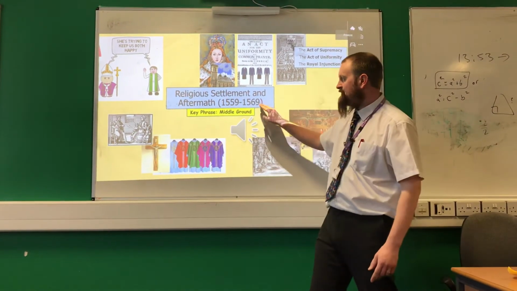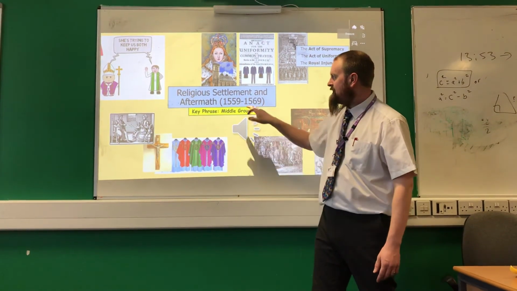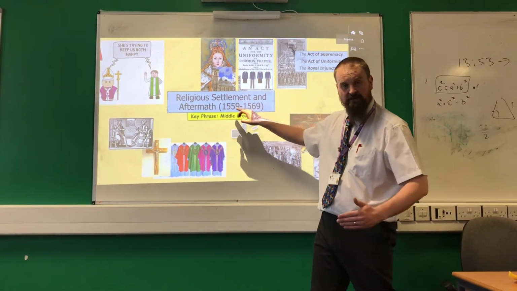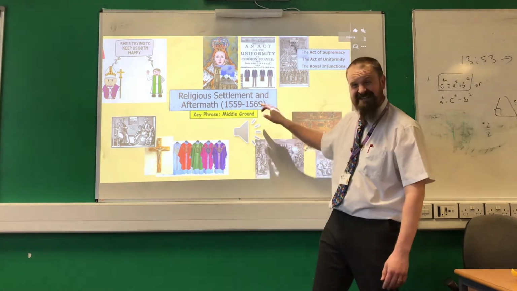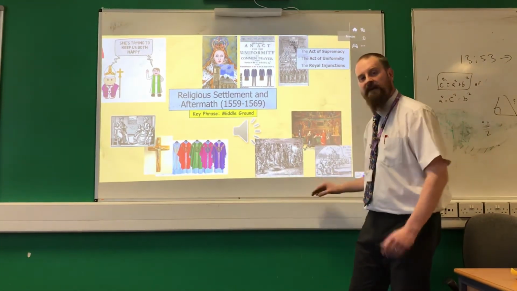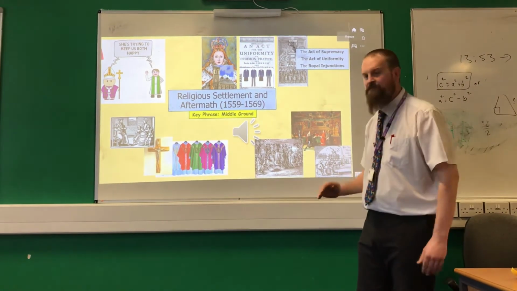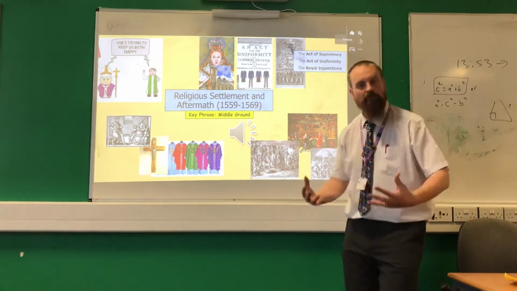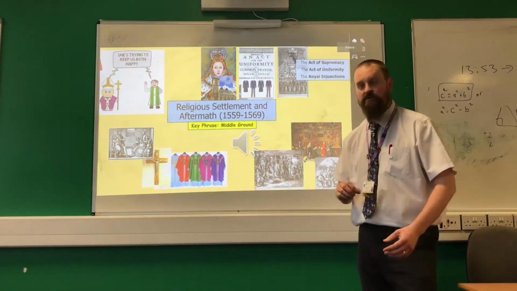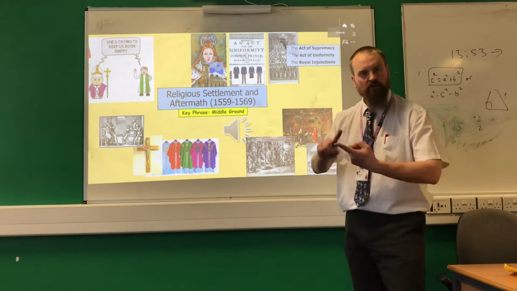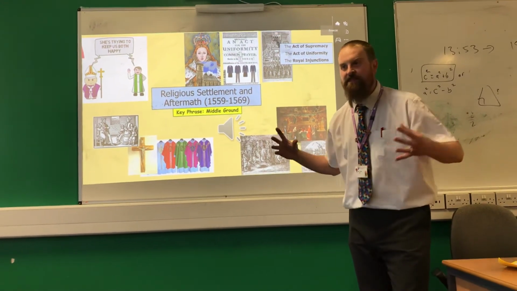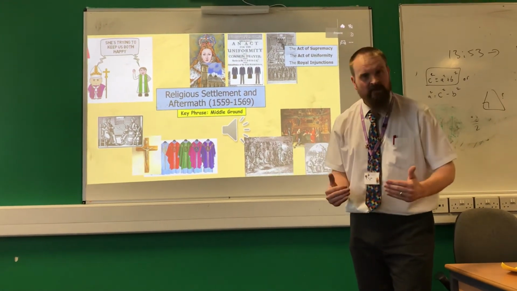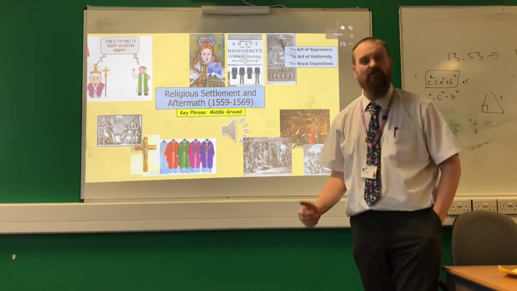But that's why I put these two dates here: 1559 is when the religious settlement gets published. By 1569, there's some rumblings from the Catholics. We have the revolt of the Northern Earls, the Northern Rebellion. Two earls, Northumberland and Westmoreland, rebel. They are sulking that Elizabeth's not giving them enough credit, and also they're Catholics.